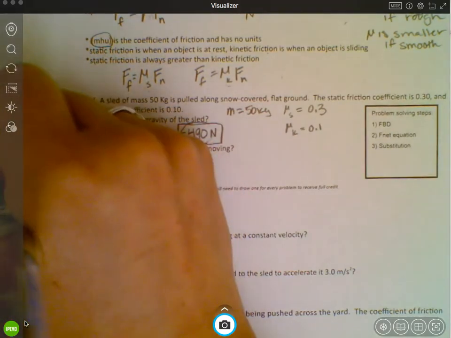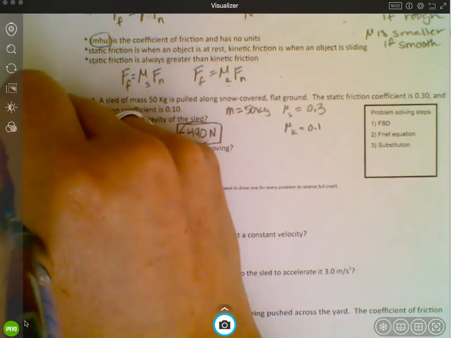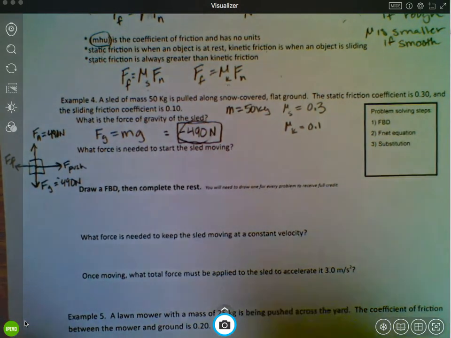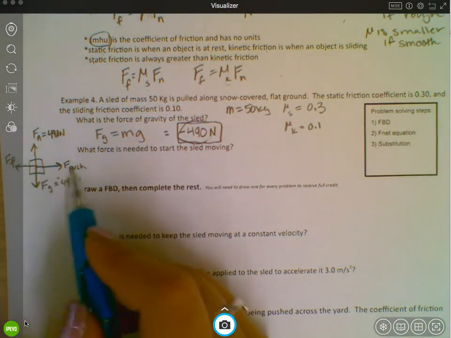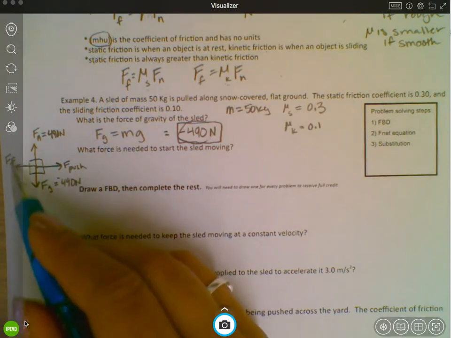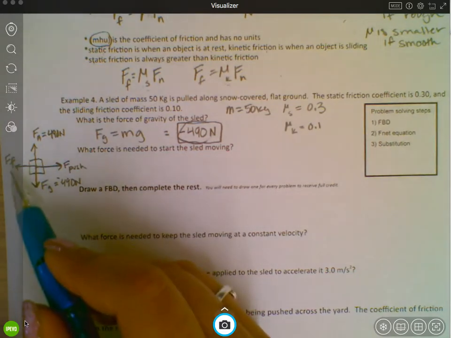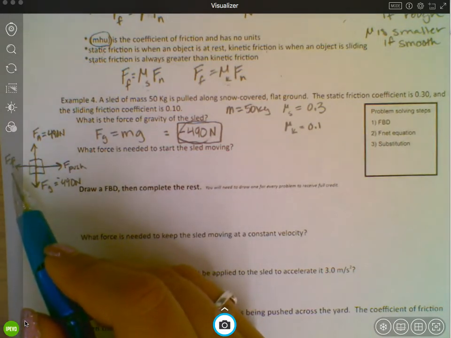And then right now we have static friction. So in order for this to get moving, the pushing force has to be bigger than the friction force. And since it's not moving, the friction force is static friction, okay?